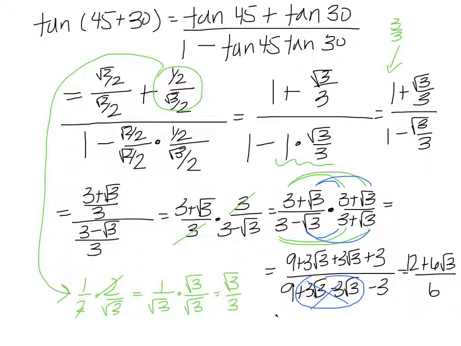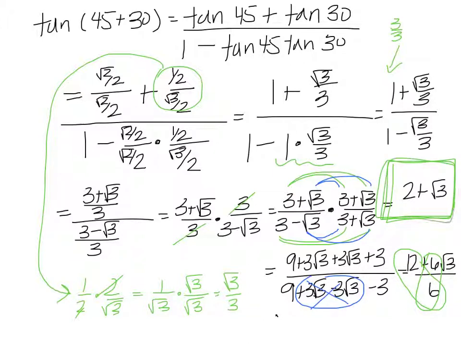That simplifies. What's 12 over 6? 2. I'm going to write it up above there. What's 6 over 6? 1. So I have 2 plus 1 square root 3. Box in my answer because I had to go up.